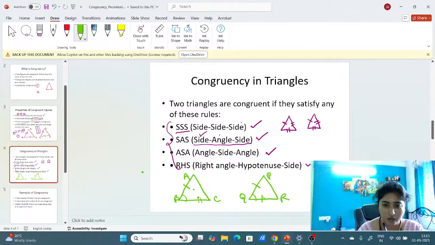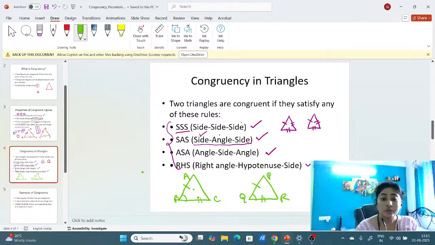Then can I say angle B and angle Q are included angles between these two sides AB, BC and PQ, QR respectively? Just observe this angle B is included between side AB and side BC, right? Similarly, this angle Q is included between side PQ and side QR, right?